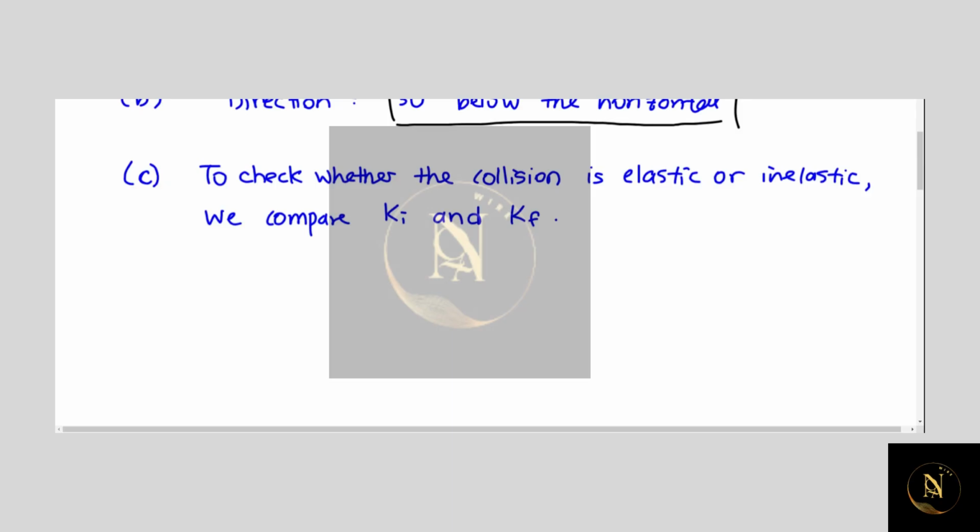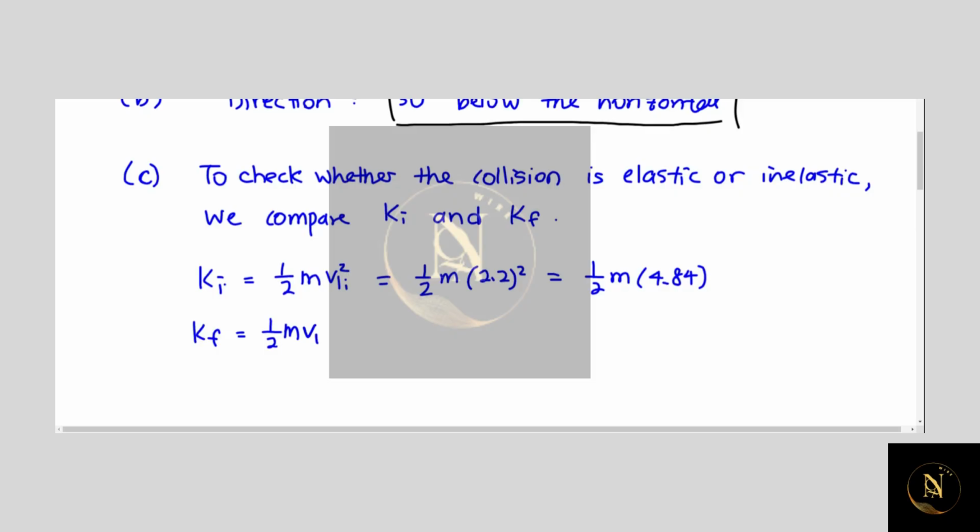So we find the initial kinetic energy. This is half m v1i squared, so we have half m times 2.2 squared, and this is half times m times 4.84. For the final kinetic energy, it is half m v1f squared plus half m v2f squared.